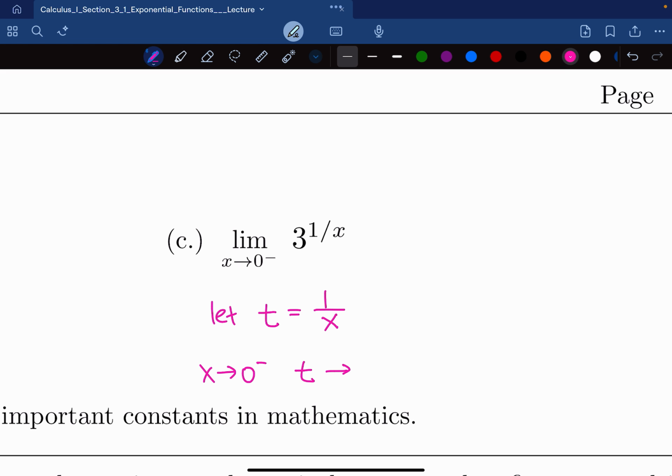Maybe I'll remind you of what this looks like here. The 1/x function looks like this. So as x approaches 0 from the left, I'm actually going this way. So t is going to approach negative infinity.